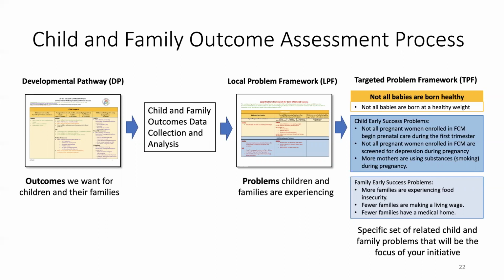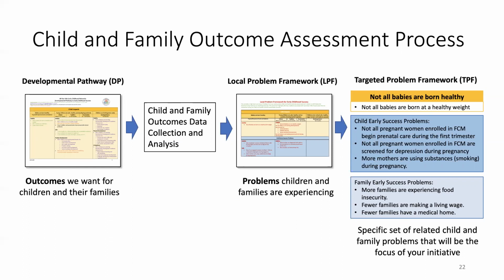And at the end of that process, once we've analyzed all the data and identified where the problems are, we're going to create what's called the local problem framework. You might notice that this looks a lot like the developmental pathway, and that's exactly right because it's built exactly the same way, though the focus is different.